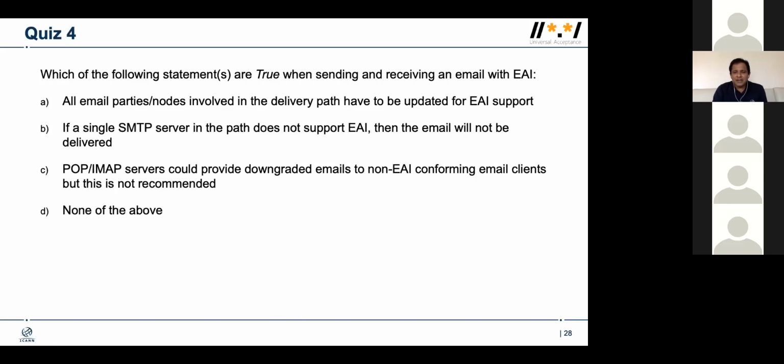Because of these issues, because of these confusions, it is not really recommended to downgrade the emails in this case. So C is also correct. So the correct answer is actually A, B, and C. And D is of course wrong because we still have answers here.